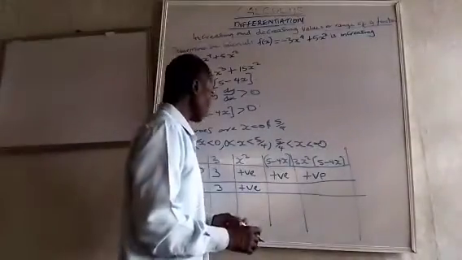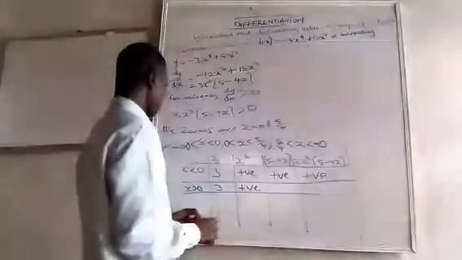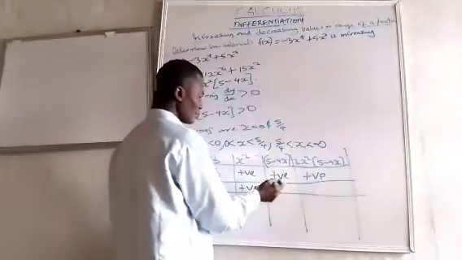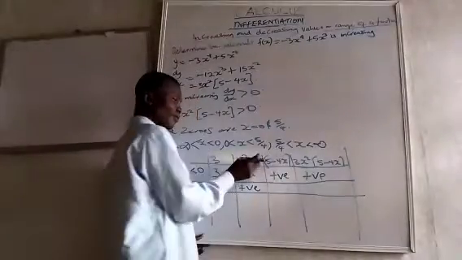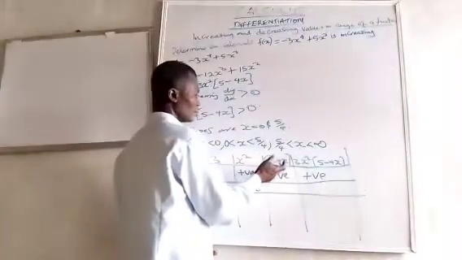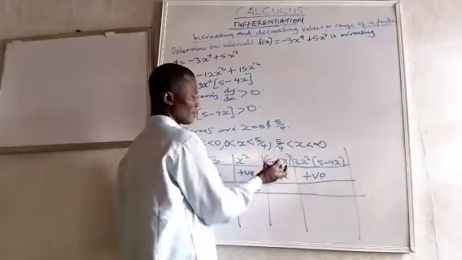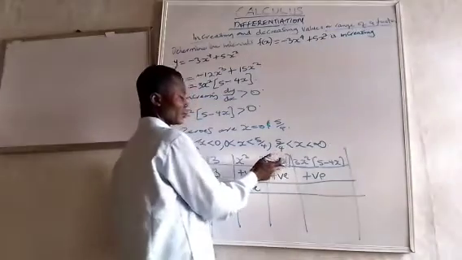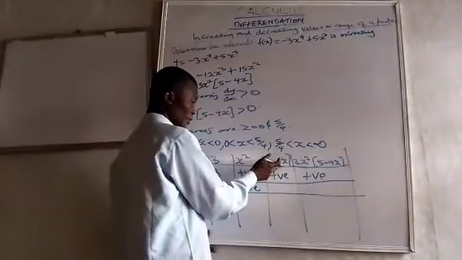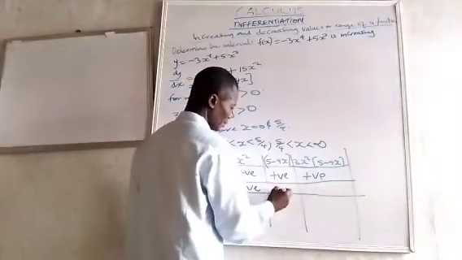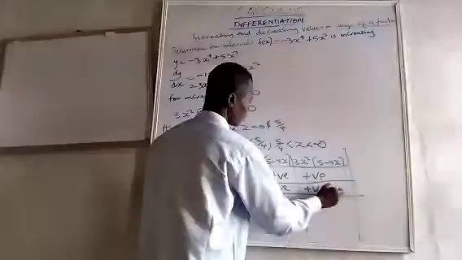This is the second thing we are testing for. Now, if it is less than 5 over 4, this one is going to be positive. So this product is going to be positive.